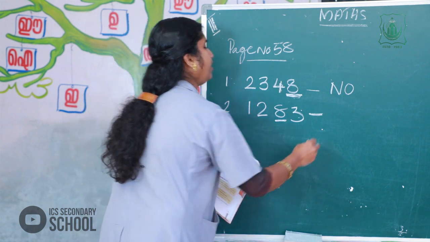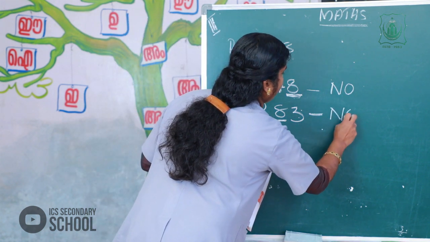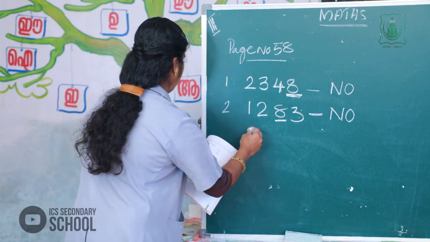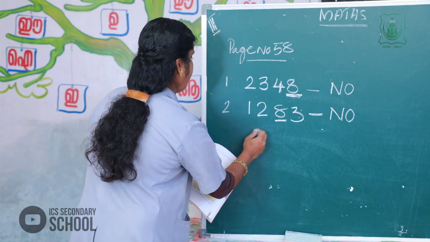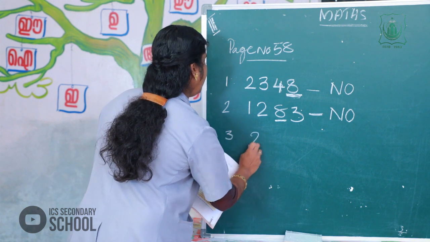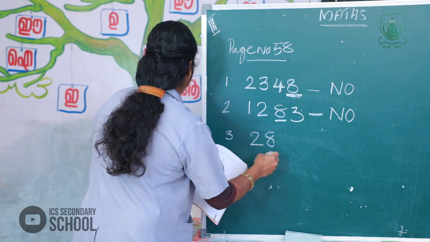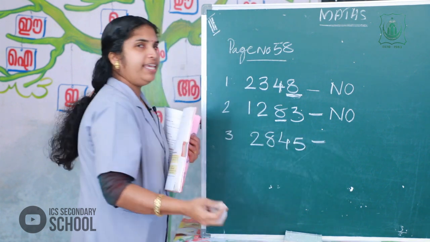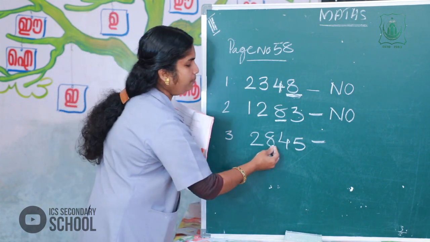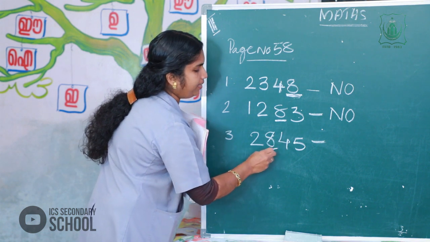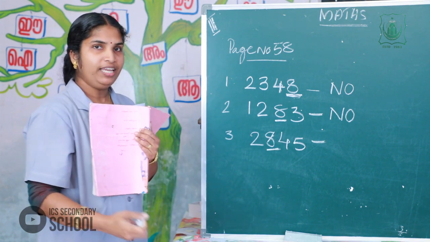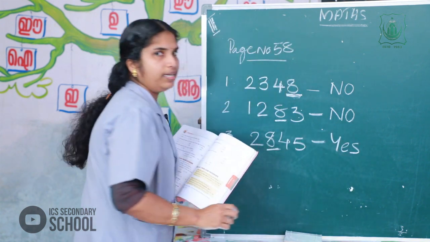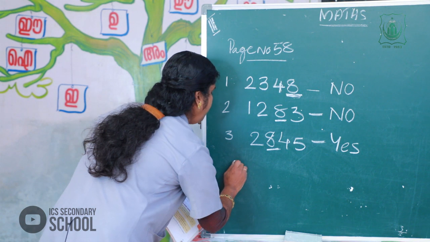So again we write no. Next number, 2845. Here we can see 8 in the 100 place. So we write yes. Okay. Fourth one.